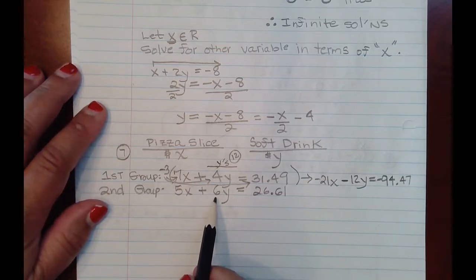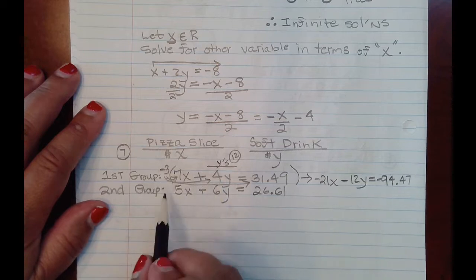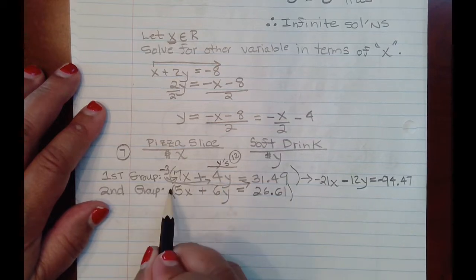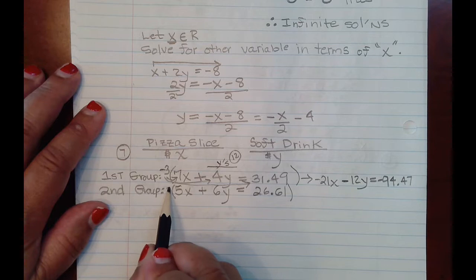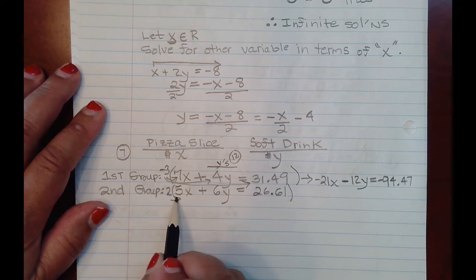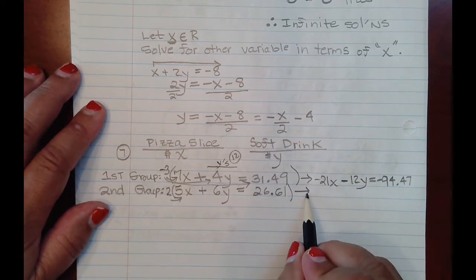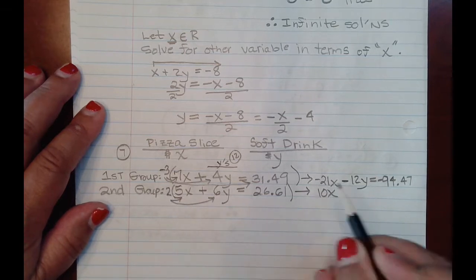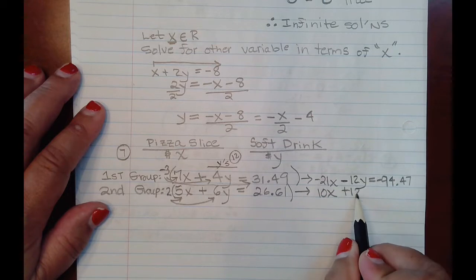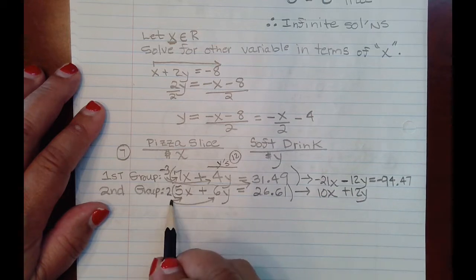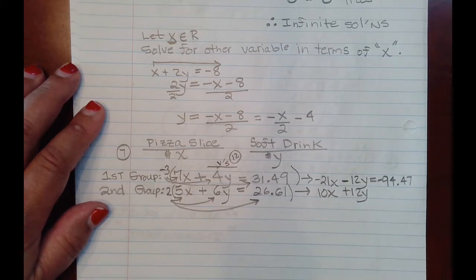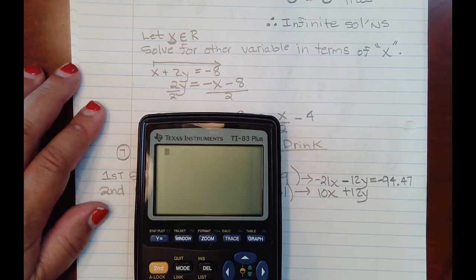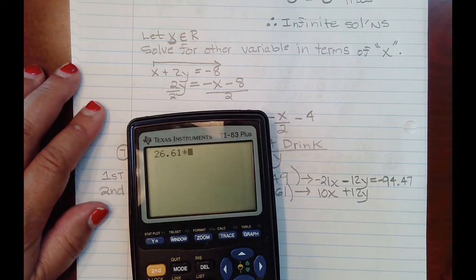And then to create 12s on this bottom equation for my y column, I need to multiply by 2. So that'll create a 10x. 2 times 6 will create a 12y. And 2 times 26.61 is 53.22.